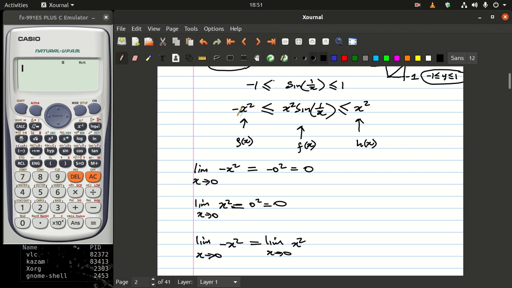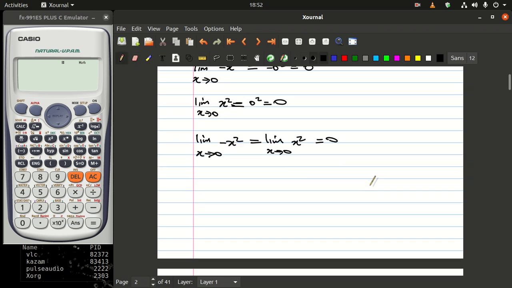Knowing that minus x squared and x squared are bounding this function so that it does not go anywhere, and I know that those two are equal and they are equal to 0, this simply means that you can conclude this.